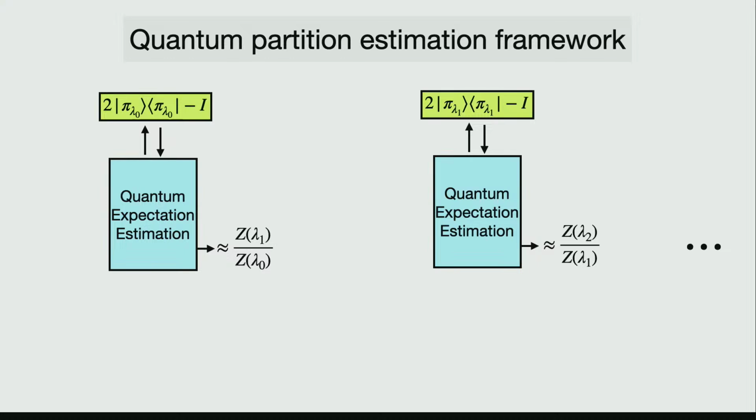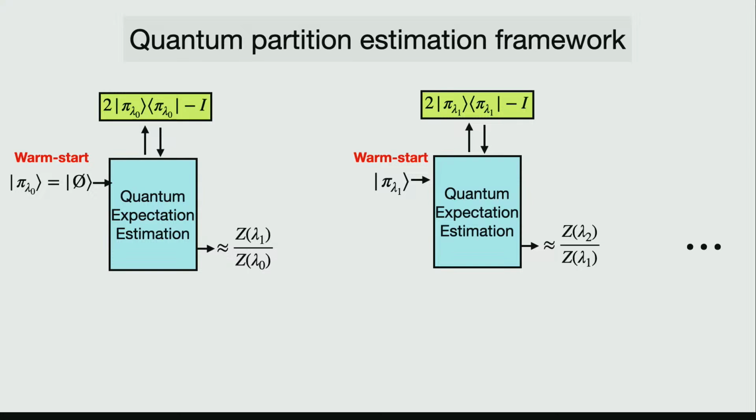So unfortunately, we don't know how to do that efficiently. In order to make the problem easier, we'll have to make one more assumption, which is that as input to this quantum expectation estimation, we are given a warm start, which will be one copy of the corresponding quantum Gibbs state, and just a single copy. So in some sense, you should think of this copy as pointing you in the right direction to start the quantum expectation estimation.